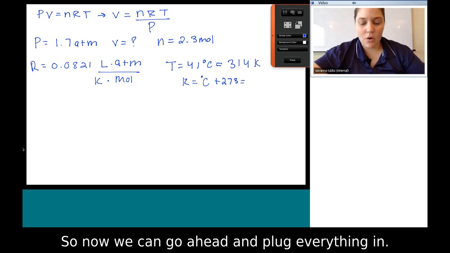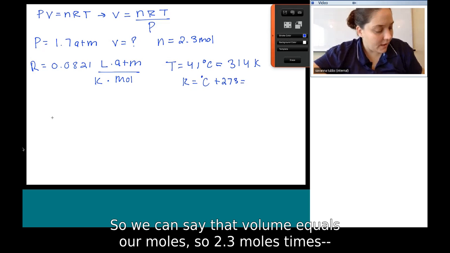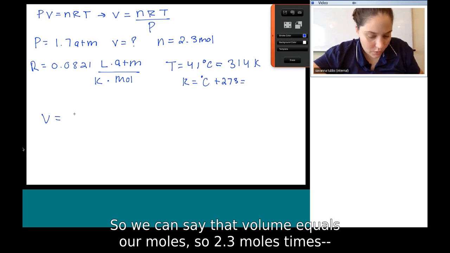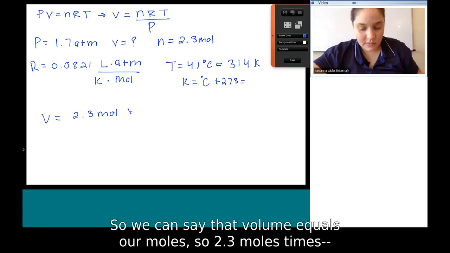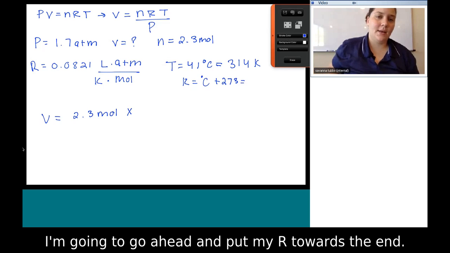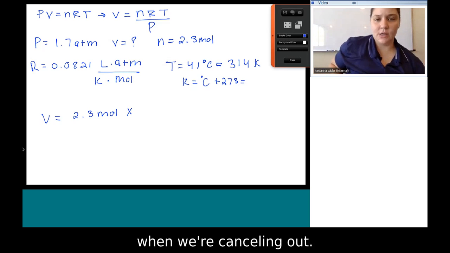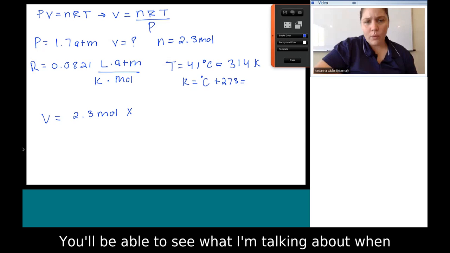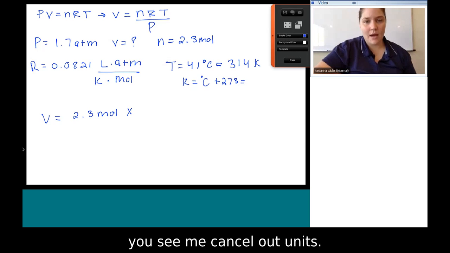So now we can go ahead and plug everything in. Volume equals our moles, so 2.3 moles, times, I'm going to put my R towards the end. It just makes it a little prettier when we're canceling out units.